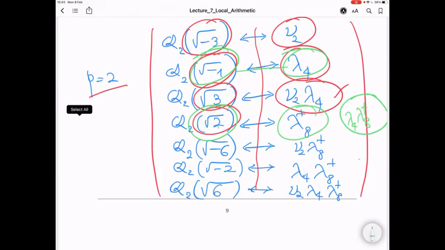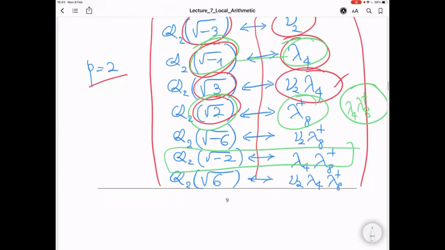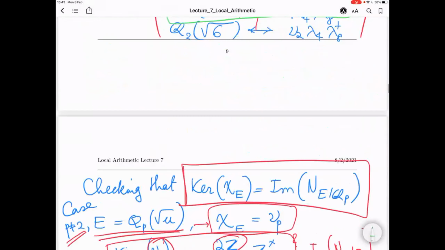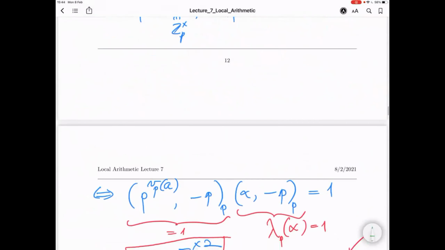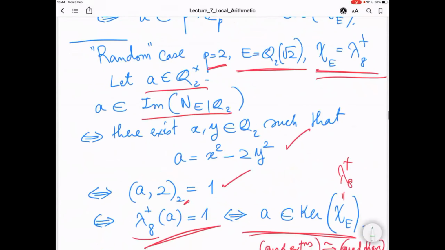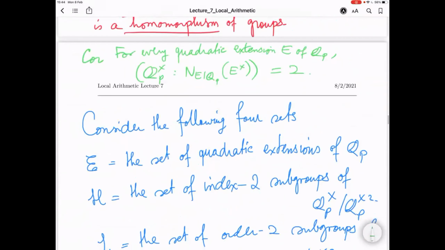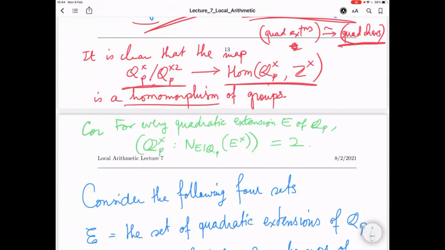Let's see. Yeah, here it is. So that it's a homomorphism of groups is completely built into the bijection.